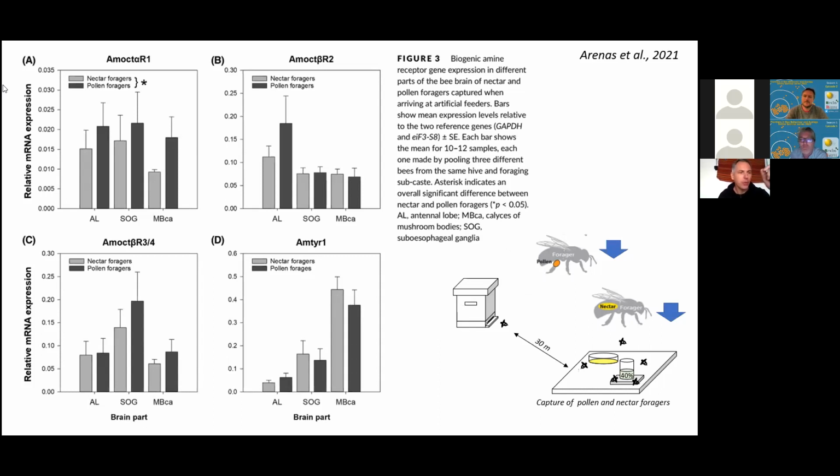As I showed you, there were flying cages, just to control that the bees all belong to the same colony, but also to avoid bees collecting other alternative sources. So our system was very closed.